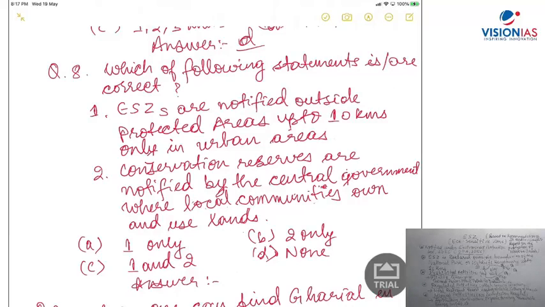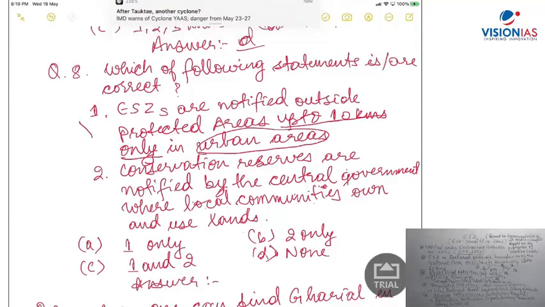The answer is D. See, the first statement says ESZ is notified up to 10 kilometers only in urban areas. That is wrong.